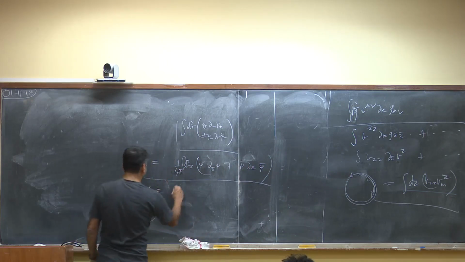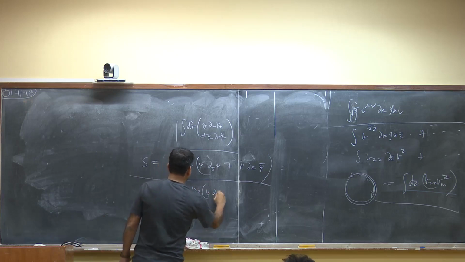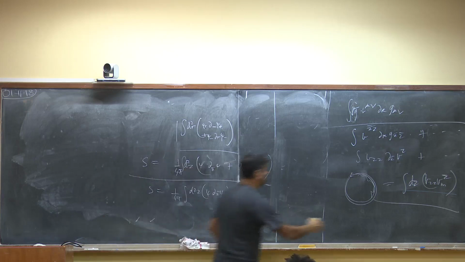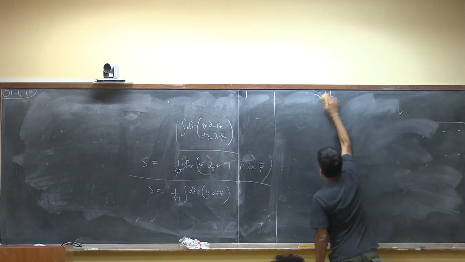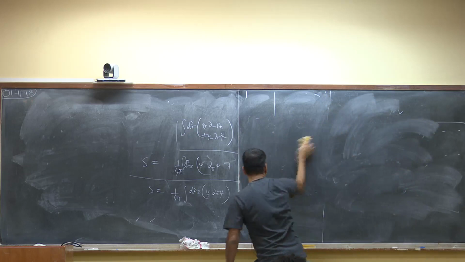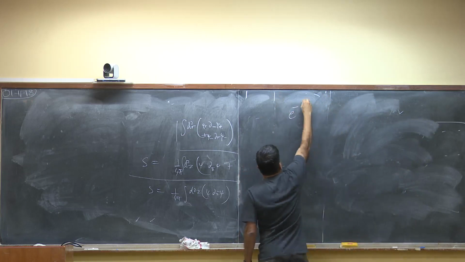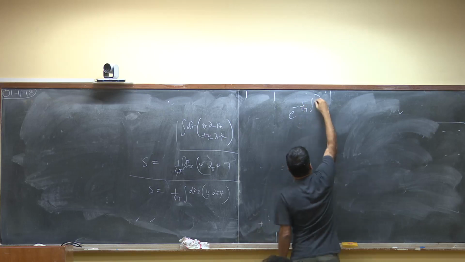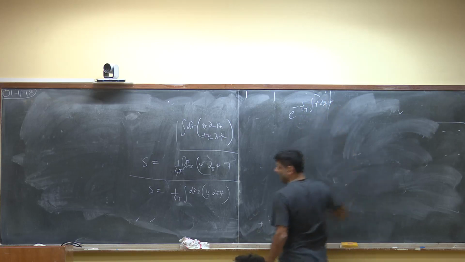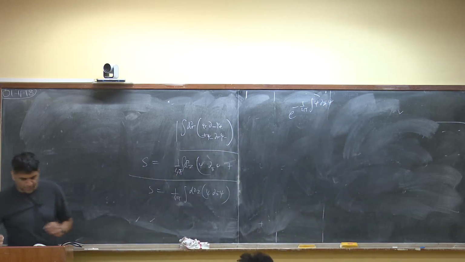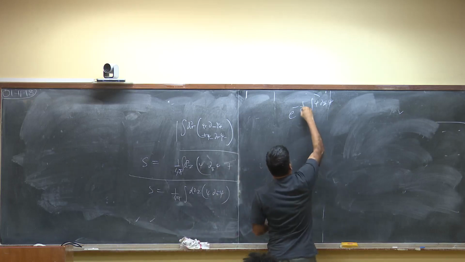So what we look at is 1 by 4 pi d2z psi del z bar psi. And we're computing e to the power minus 1 by 4 pi integral psi del z bar psi. And I suppose we're using Polchinski's convention, that was why he has a 4 pi.